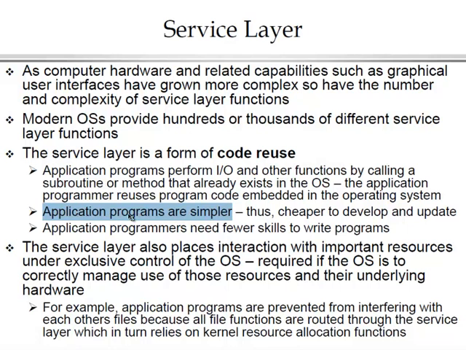If you look at a typical application program as it would exist before and after you add in the code from the service layer, it's not unusual to find that the application programmer wrote really 5% of the code and 95% of it is in the service layer and reused. So what are the advantages of that? Well, one obvious one, cheap.